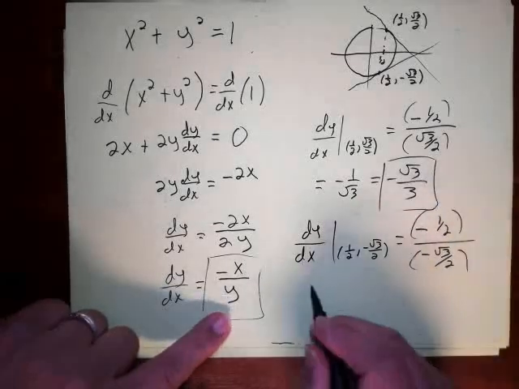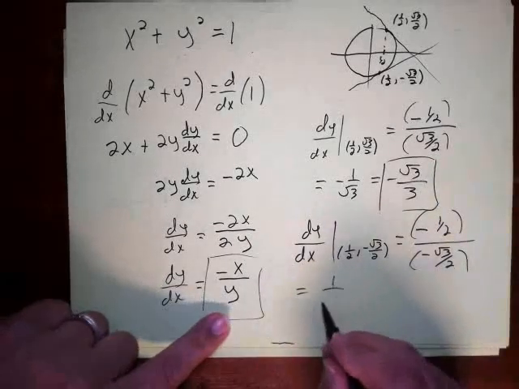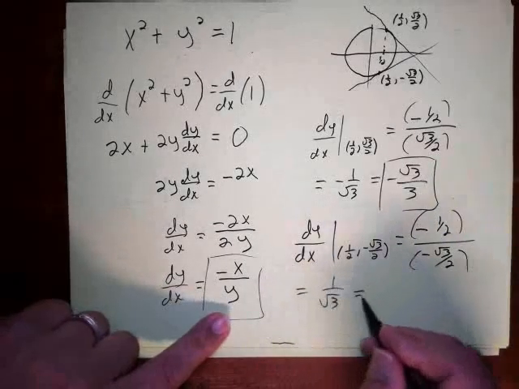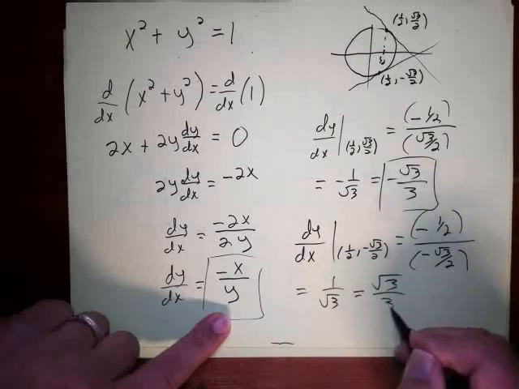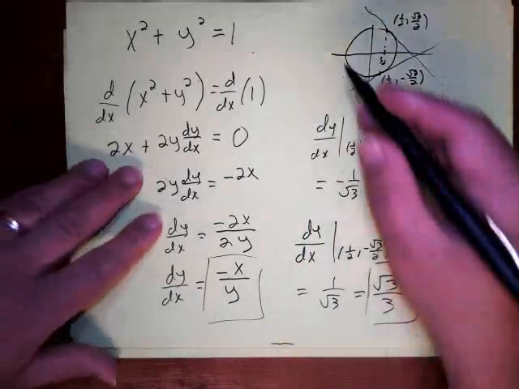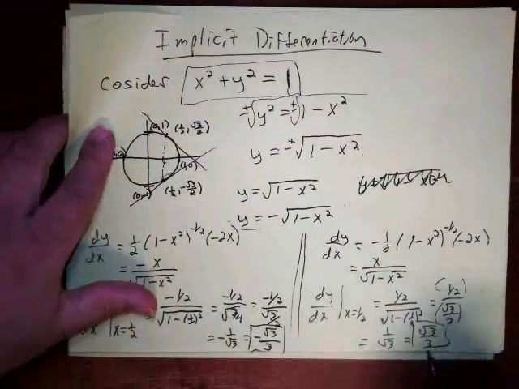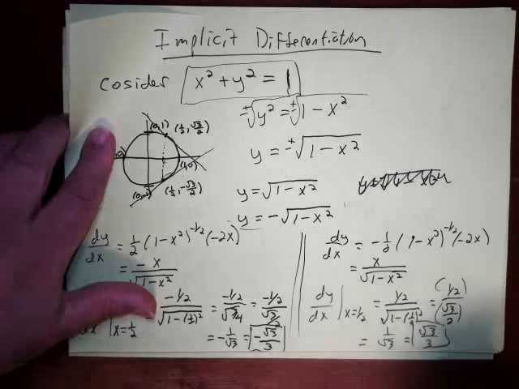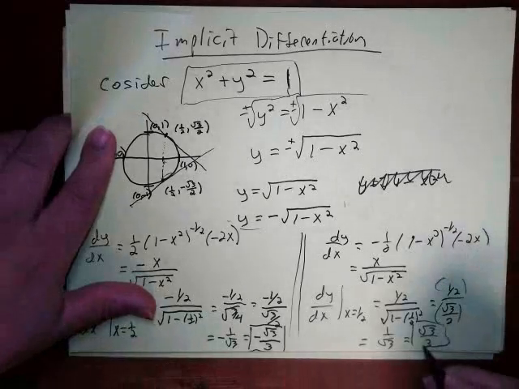So the two negatives cancel out. I would get 1 over the square root of 3, which is just the square root of 3 over 3. And that's this bottom semicircle. It's that tangent line. And there it is, positive square root of 3 over 3.